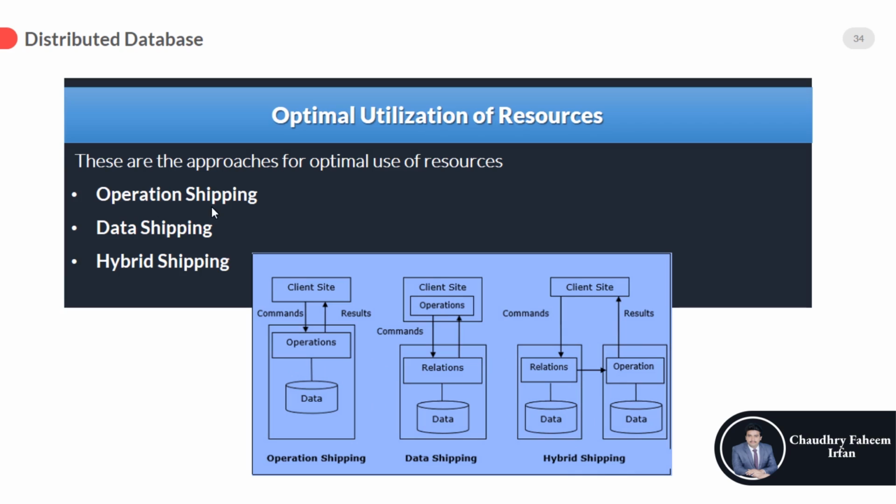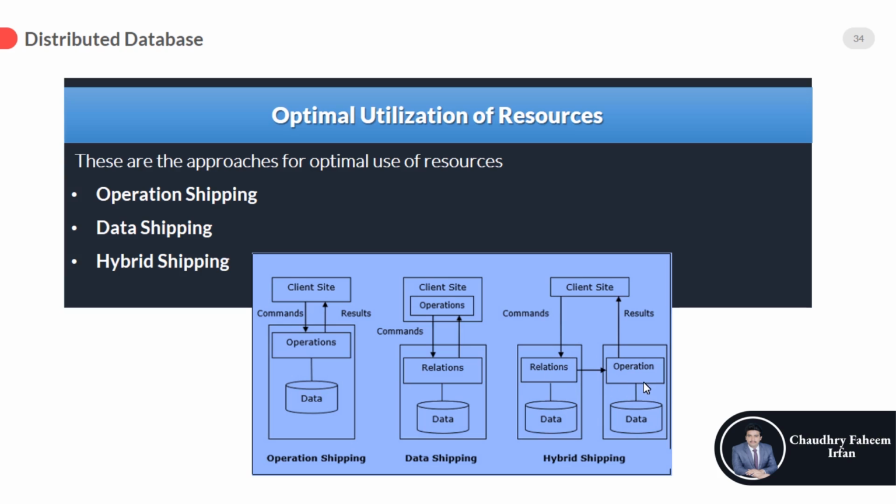Here data fragments are transferred to the high-speed processors where the operation runs. For example, the client side sends requests to this side, where relations and data are stored. Then this side sends data to higher, high speed processors.